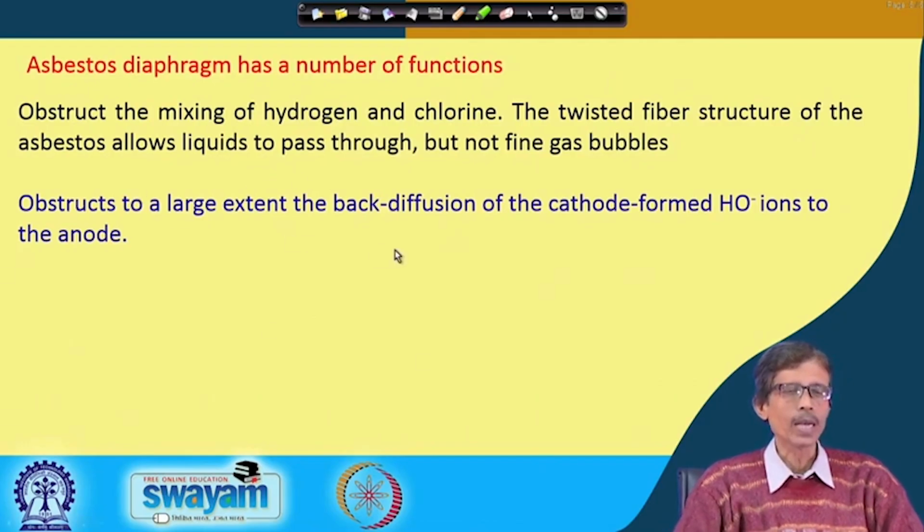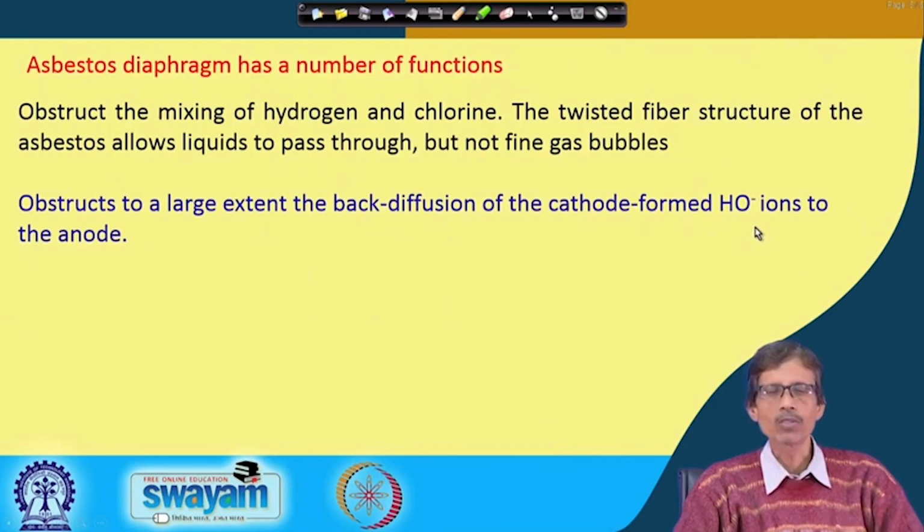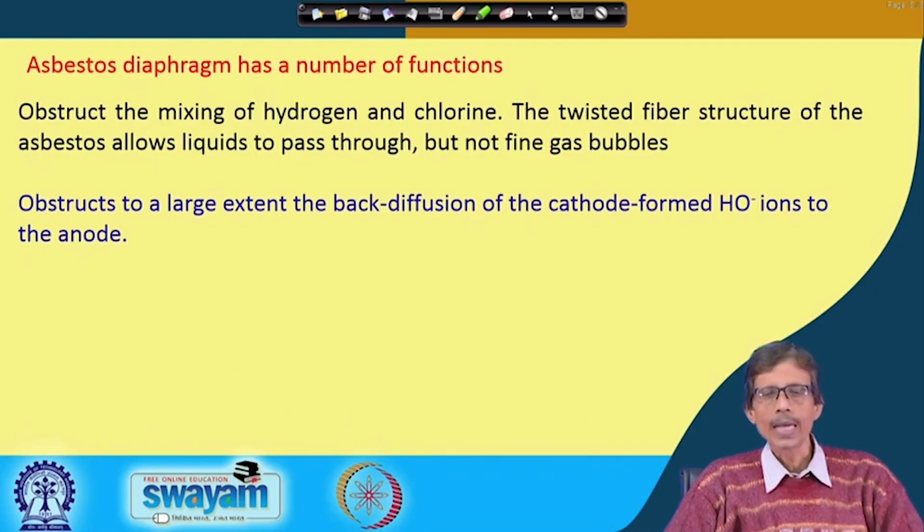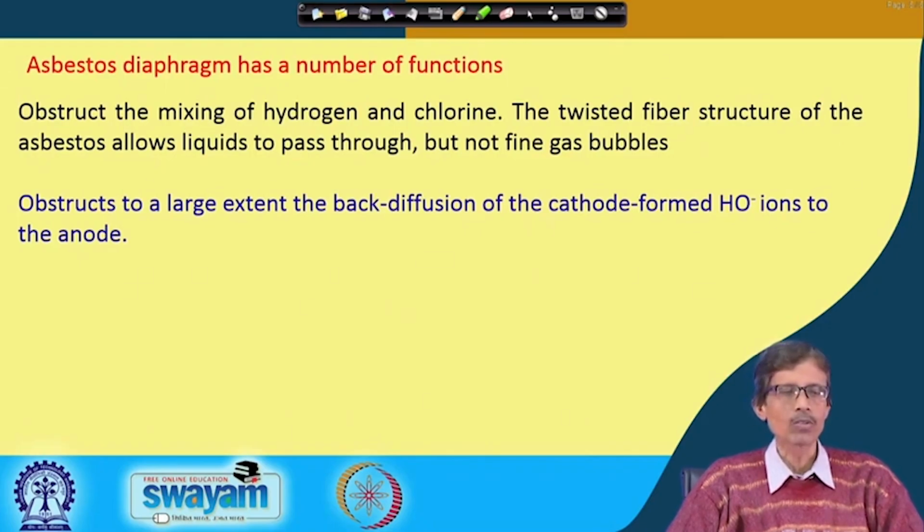It also obstructs to a large extent the back diffusion of the cathode-formed hydroxide ions to the anode, because of the accumulation of these hydroxide ions which form at the cathode. So, it does not allow any back diffusion of this hydroxide ion to the anode, because otherwise this hydroxide ion will be reactive at the anode.